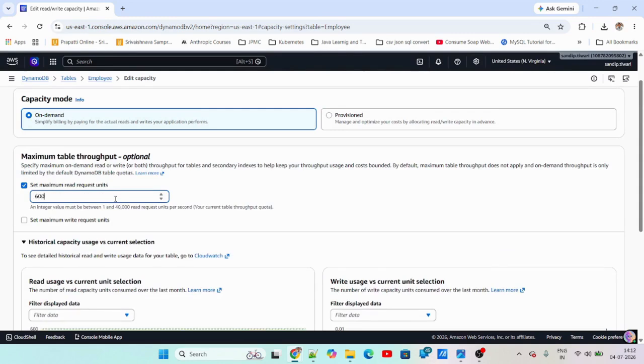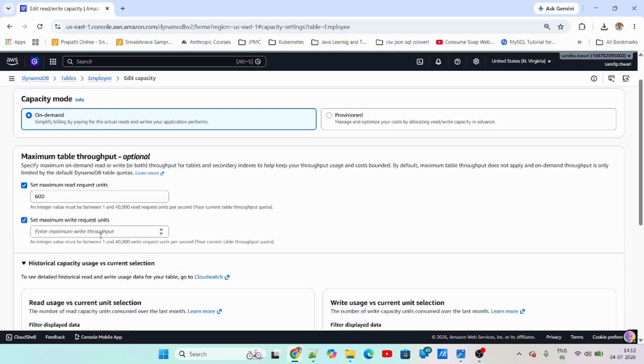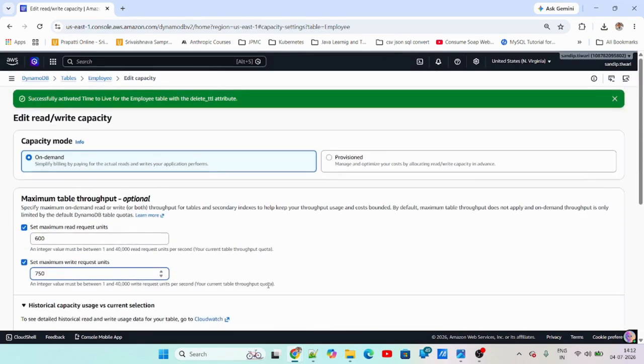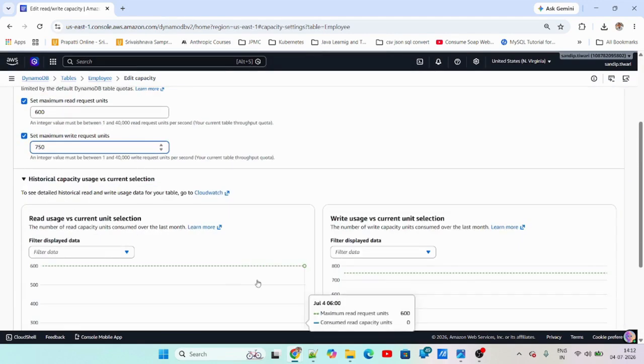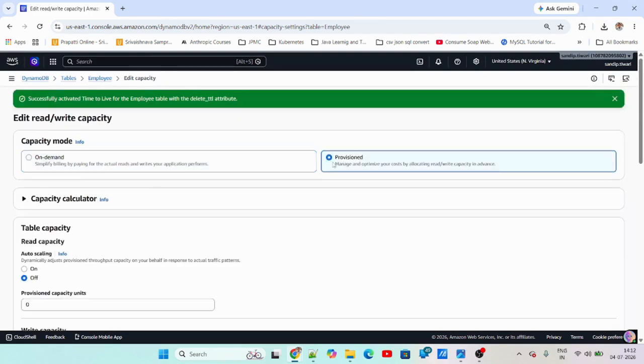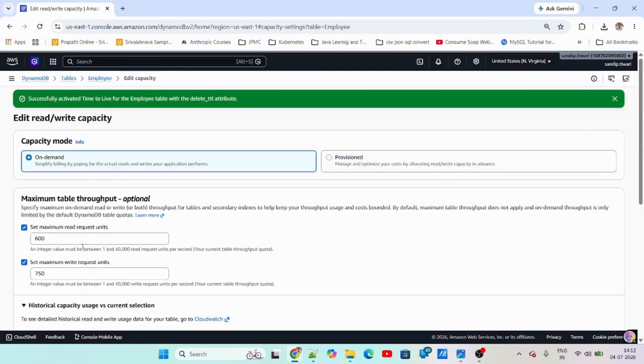In my case, it was 600 and then this was 750. So I can set it in this way. This was on demand. In on demand also you can put a maximum limit.